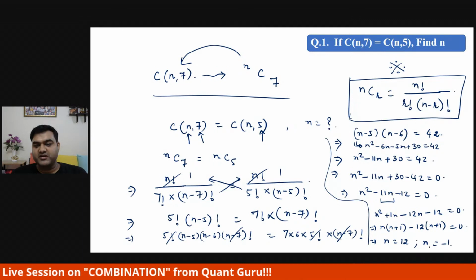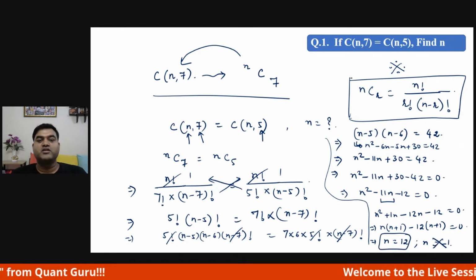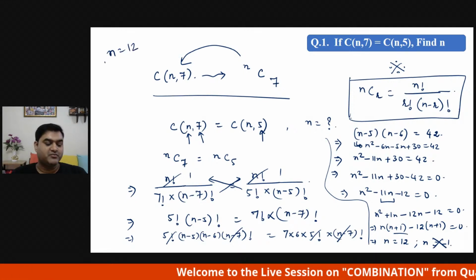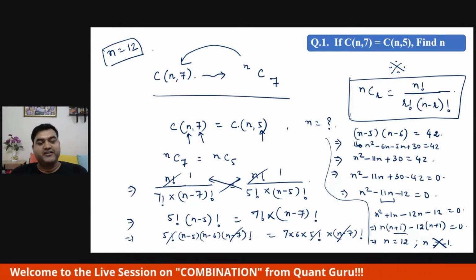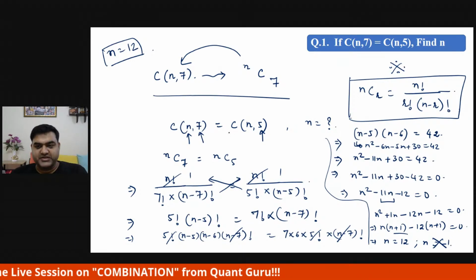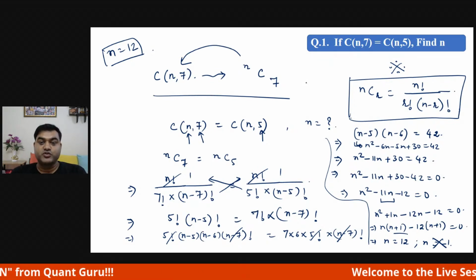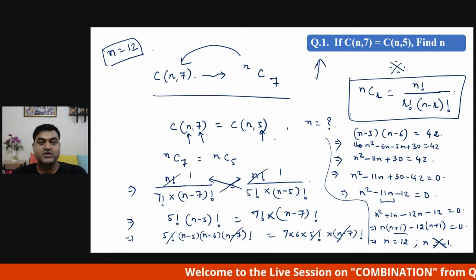A negative value cannot be there, that is why the value of n will be equal to 12. Okay, so we got the answer as n is equal to 12. We got the answer? Yes. Now everybody has got it. It was complex, but it is done, right? But that is the beauty of this question, you can solve it, but how much time did we waste?